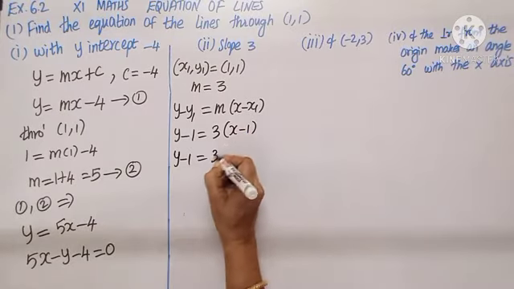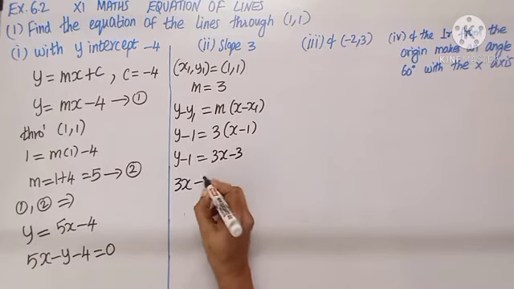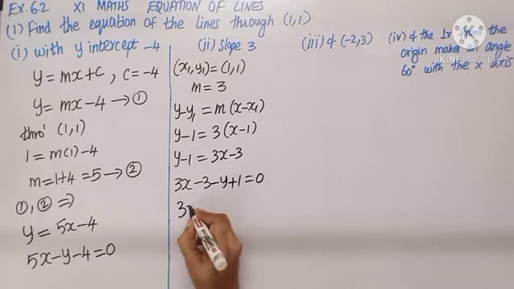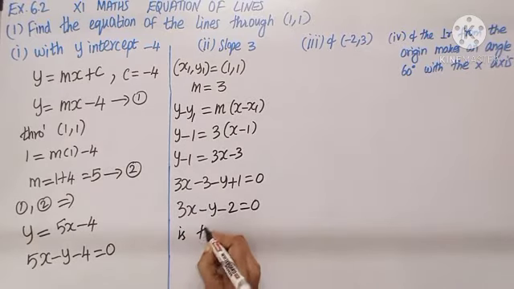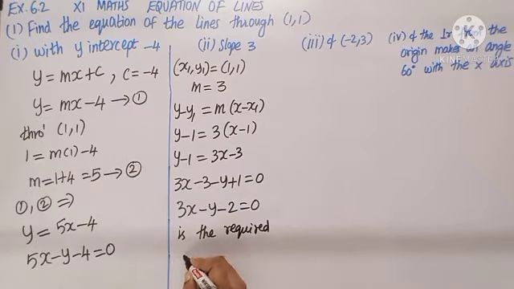We get 3x minus 3. Bringing it all to the same side, 3x minus 3 minus y plus 1 equals 0. 3x minus y minus 2 equals 0 is the required equation of the line.